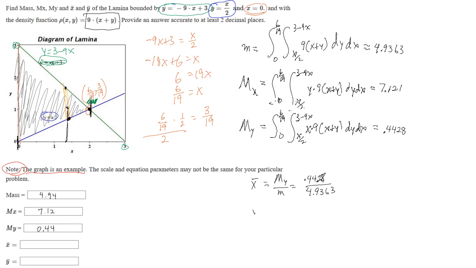And likewise, the center of mass in the y direction needs to be the distance in the y direction, which we'll go ahead and round to 2 decimal places.